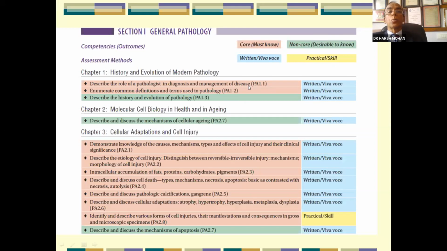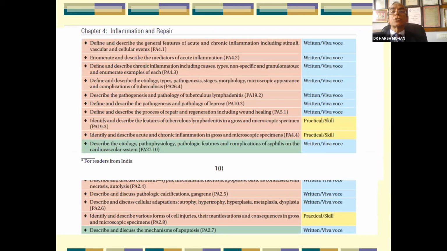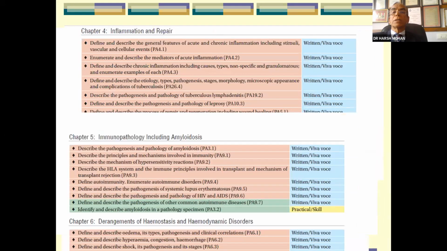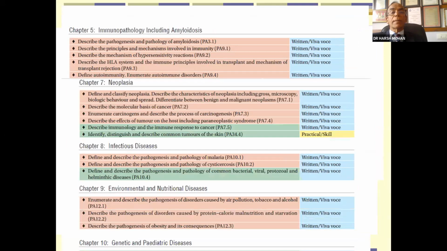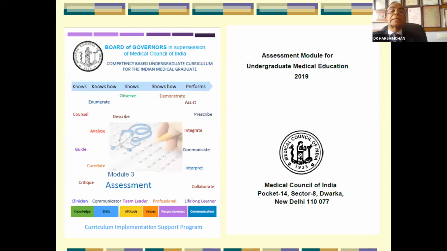They have been color coded to make it apparent what is must know, what is desirable to know, and what is the criteria of learning and evaluation, like the practical and skill shown in a different color and so on. This is just to share my experience and awareness about this curriculum.